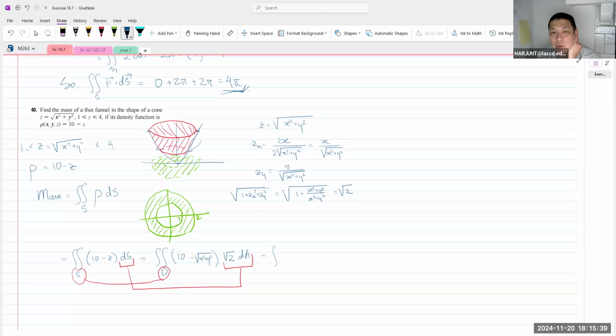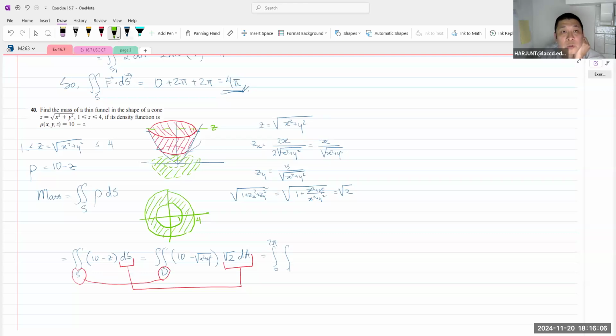The shape is a donut, so the integral from 0 to 2 pi, integral from 1 to, oh, I think it's 1 to 4. Yeah, 1 to 4, not to 2. It's up to 4, because z here says 4, but z equals r.